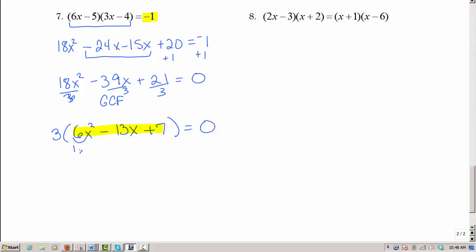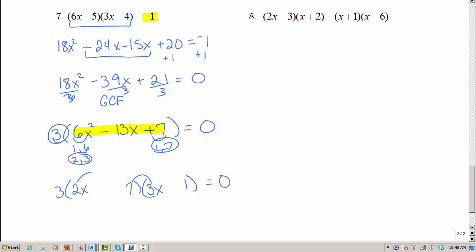So again, my choices for 6 and my only choices for 7. Don't forget that 3. So let's see. If I stick with 2 and 3 and 1 and 7, will that work? If I put my 7 here, my 1 here, that's going to be 21, that's going to be 2. That doesn't get me 13.